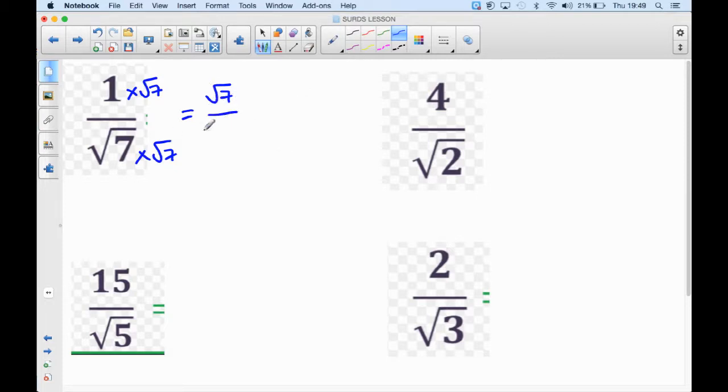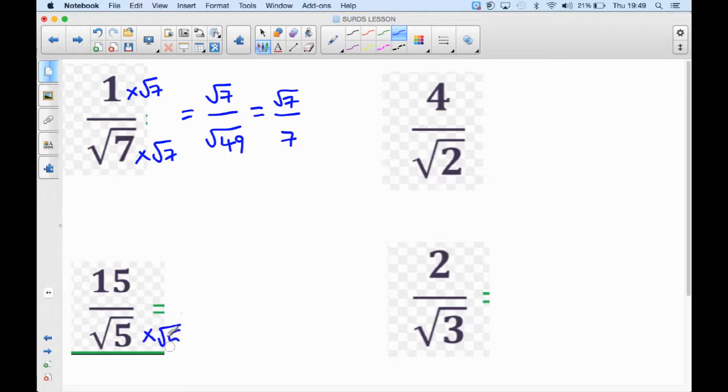And the denominator is root 49. Root 49 is a square number, so if you square root it, it will take you to 7, and the numerator will just remain as root 7. Okay, so you can pause the video now or continue to watch the worked solutions.